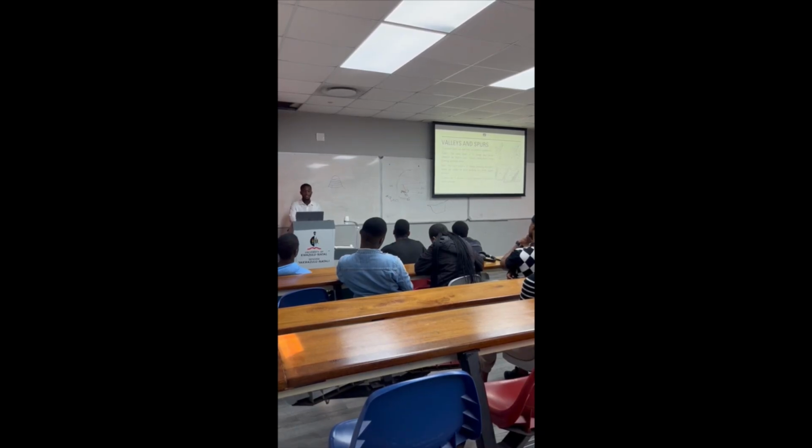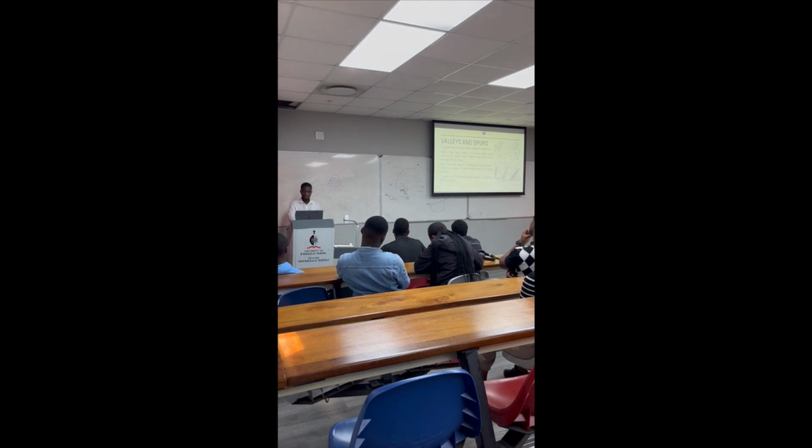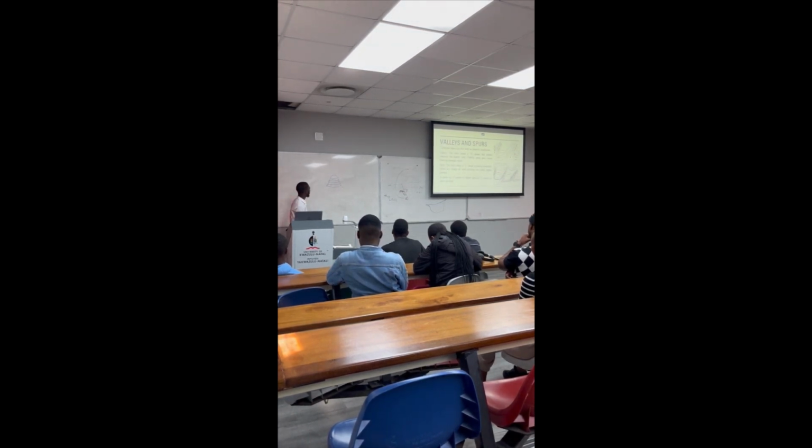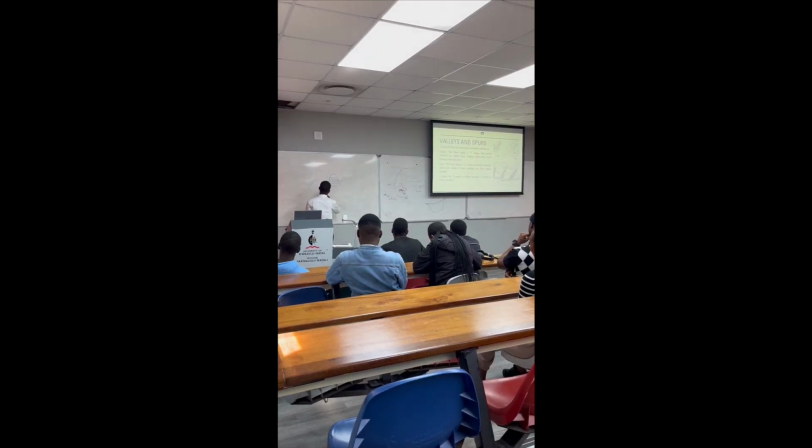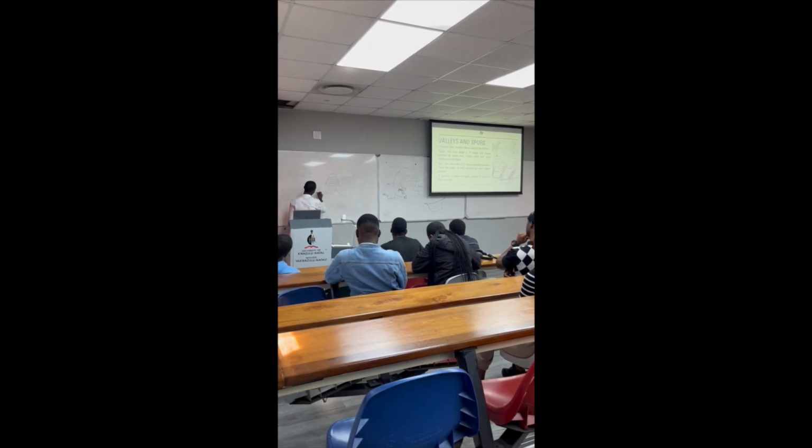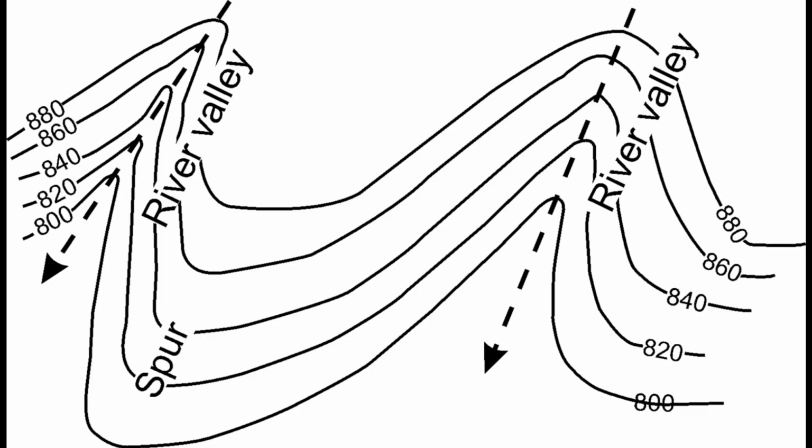Valleys often have rivers flowing through them. Let us say these are our contour lines here. The valleys make a V shape like this.